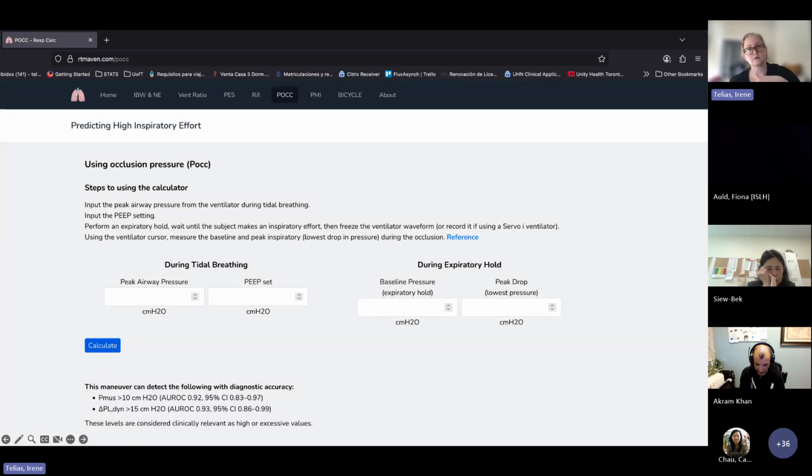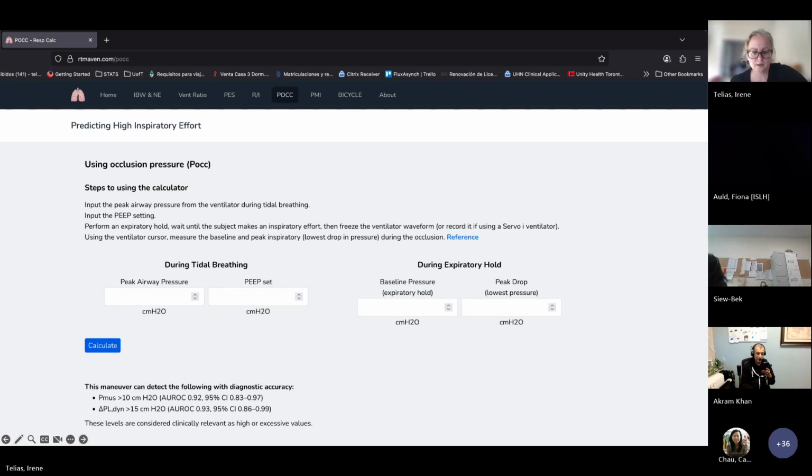In other ventilators, instead of doing this sort of maneuver, what we do is record the tracings, perform an end expiratory occlusion, and then scroll with our cursor through the waveform, and then we're able to measure the baseline and the value at the peak drop.